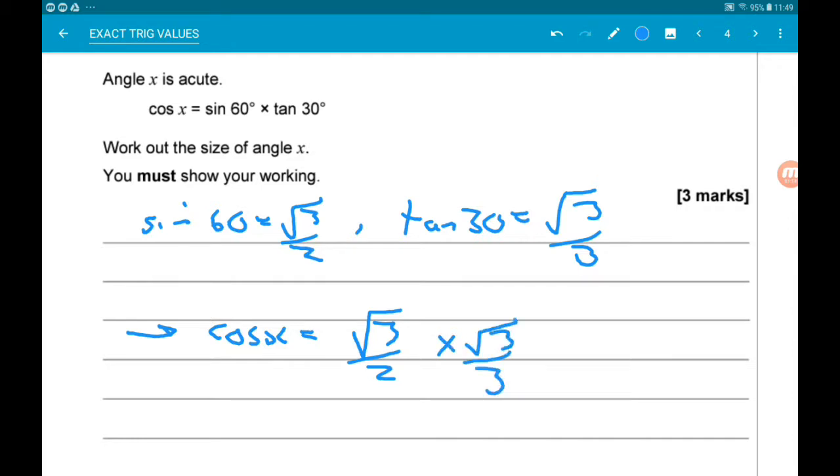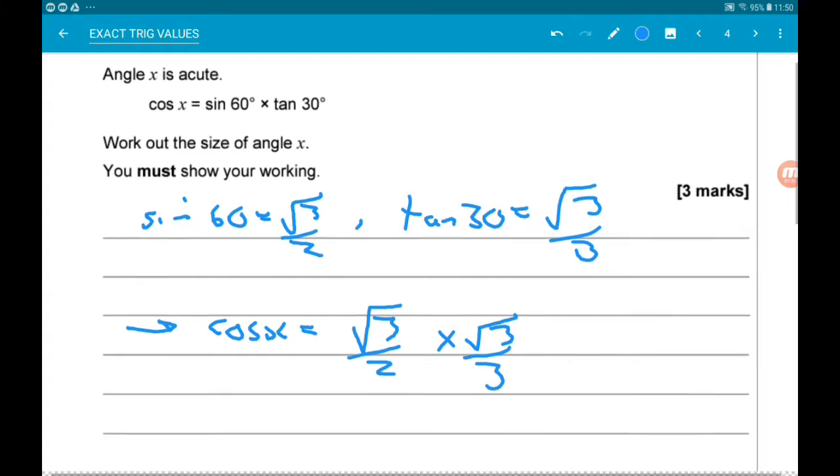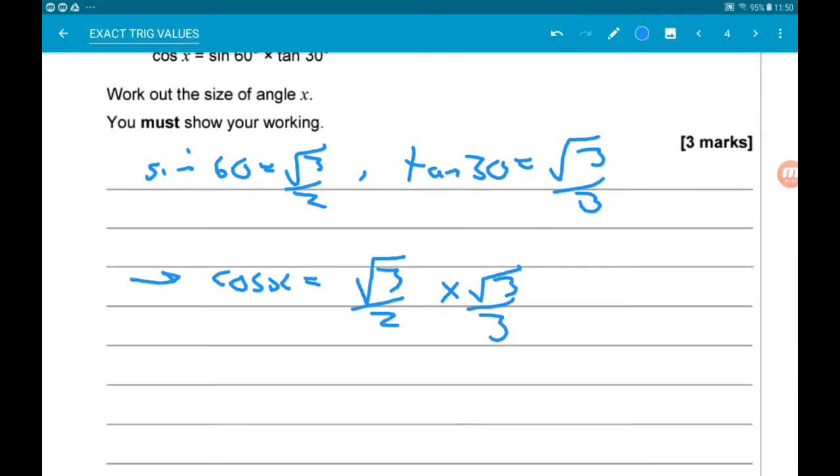Now when you multiply fractions, you multiply across the top and across the bottoms. So cos of x is root 3 times root 3, which is 3, over 2 times 3, which on a good day is 6.